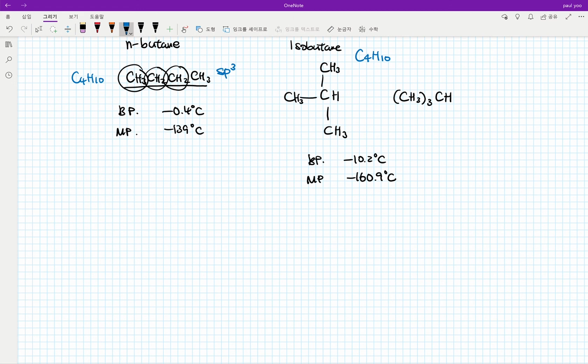And that is also the same for isobutane. All the bonds from the carbon are sp3 hybridized. So the general relation holds for all alkanes regardless of the number of carbons they have.